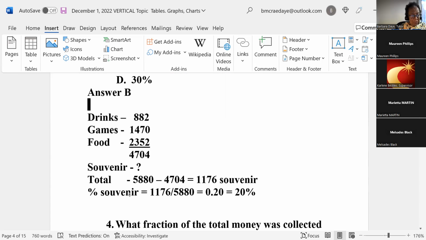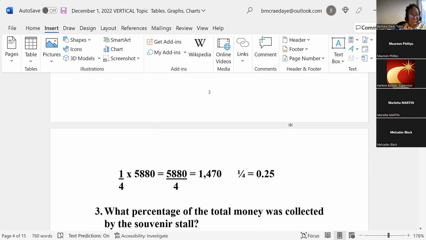And then to get the percent, you take that souvenir amount and divide by the total. You get a decimal, and to go from decimal to percent, you multiply by 100 or shift the decimal point 2 places to the right. Any questions on number 3?